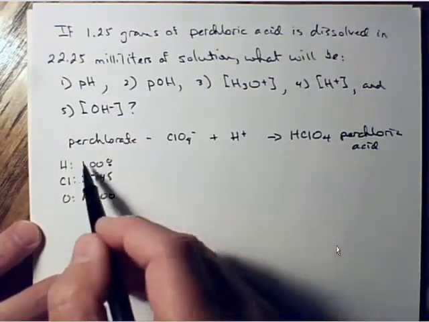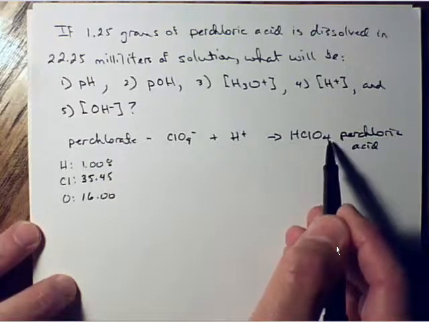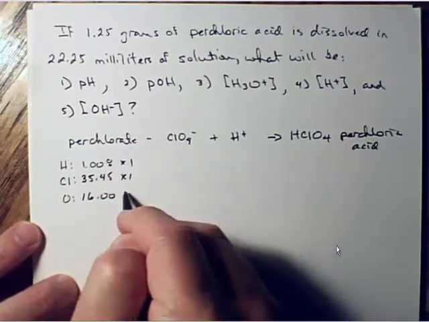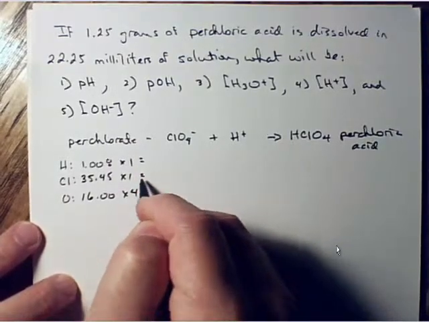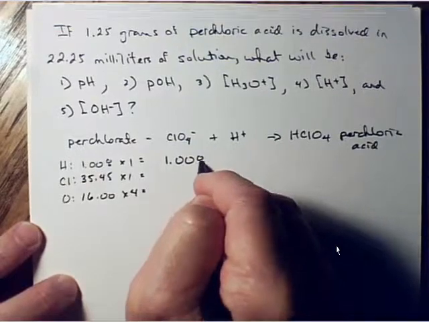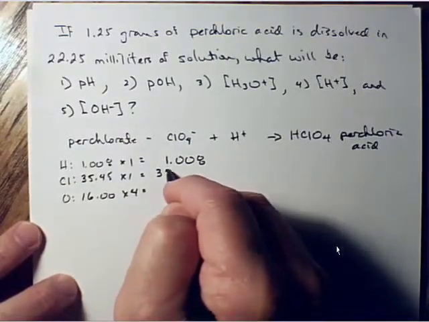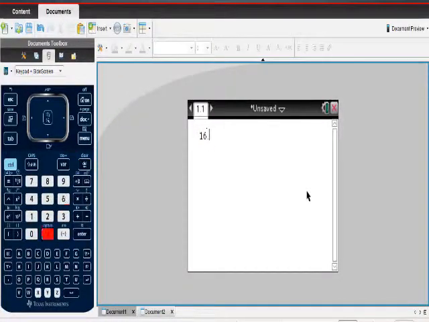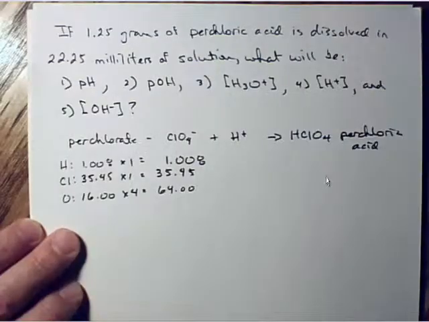Now we need to multiply all of these masses by the number of atoms in the formula. And so we get 64 as the total atomic mass of 4 oxygens.